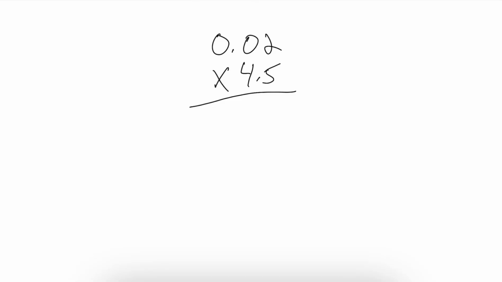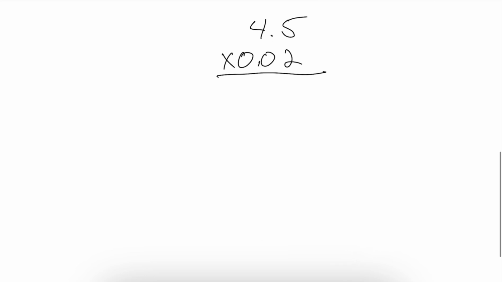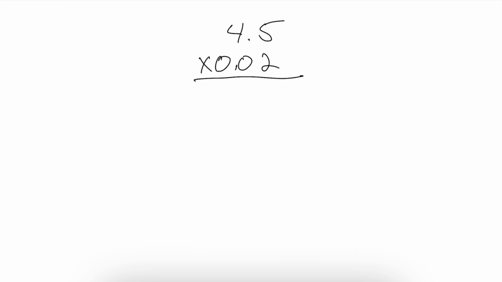Next we have 0.02 times 4.5. Now when I have more non-zero integers on the bottom, I always like to rearrange. Now we have 4.5 times 0.02. 5 times 2 is 10, so 0, 1. 4 times 2 is 8, plus 1 is 9.